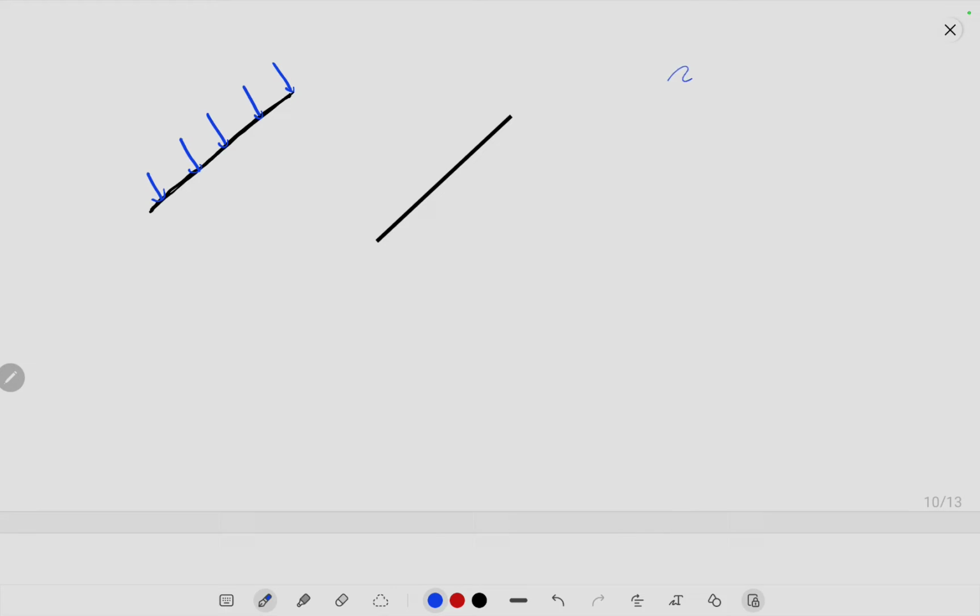Because the hydrostatic pressure was h rho g, and since force is proportional to pressure, it will be proportional to height. So as I increase the depth, the force due to pressure would look something like this: it would increase, further increase, and again further increase. This is how the force profile would look on the body.